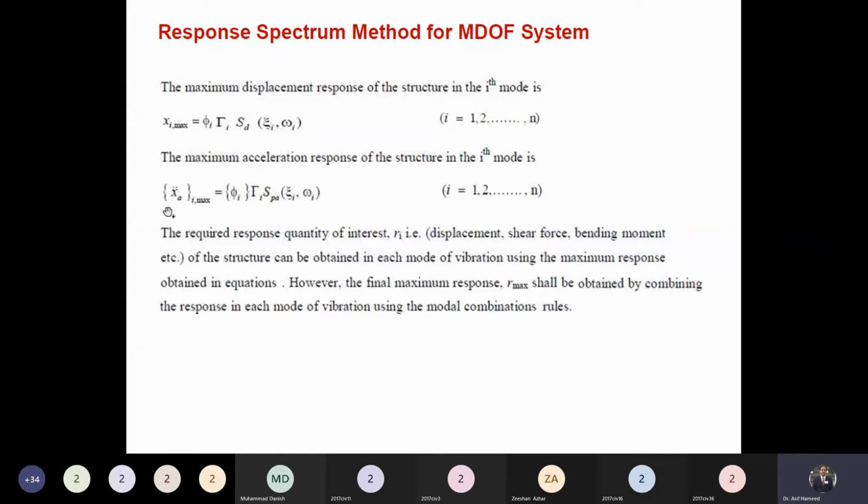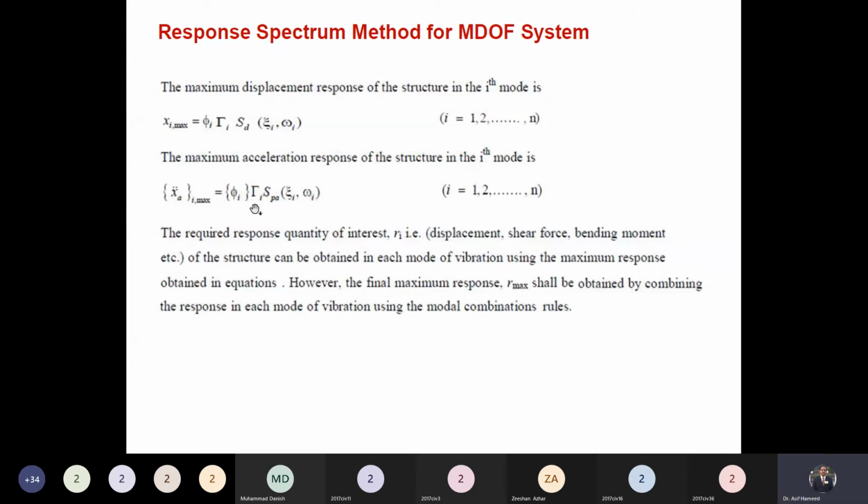Similarly, if you have to find out the maximum acceleration response of the ith mode, you can pick the response from the response spectrum, and this is the function of zeta and T, or zeta and omega.